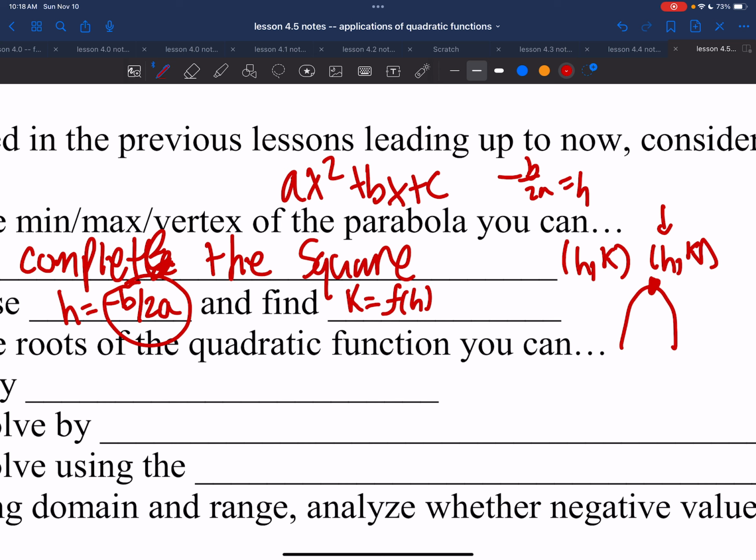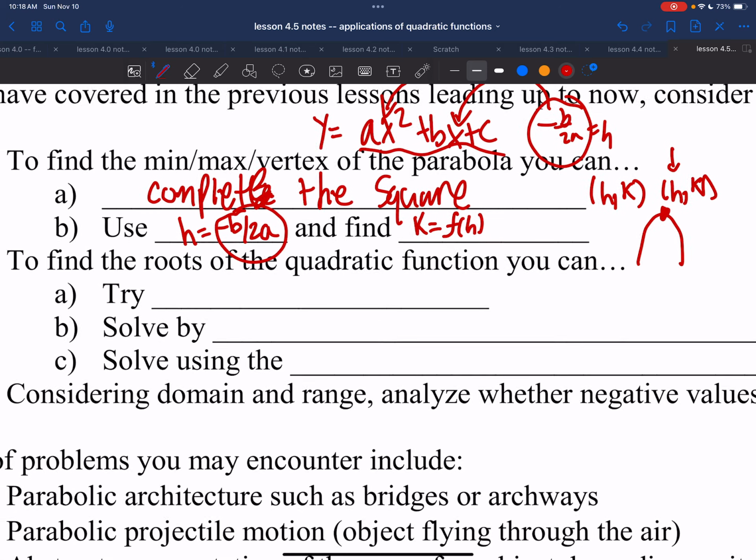How do you find the k value? How do you find the y value at that height? Well, you take whatever you get for h and plug it in for x, and then you evaluate that, and whatever that comes out to, that's the y value, that's the k value. That's just a reminder of that technique.